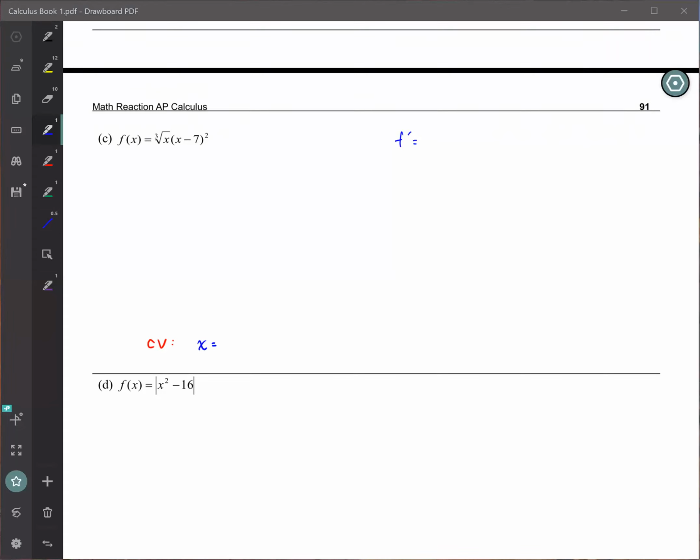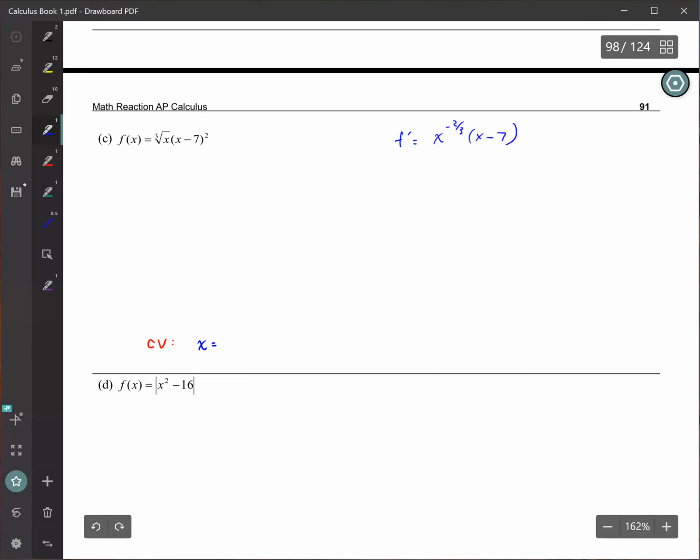I think I got it. Okay, yeah. What is it? I got x to the -2/3 and then bracket x minus 7, x minus 1, all over 3.